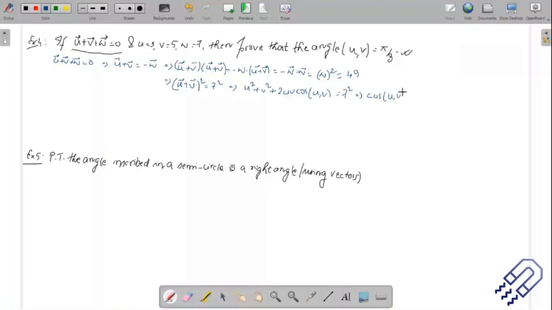So the angle between u and v is cos inverse of half, which should be pi by 3. So we'll do it in this way, and I don't know, any other ways are also possible.